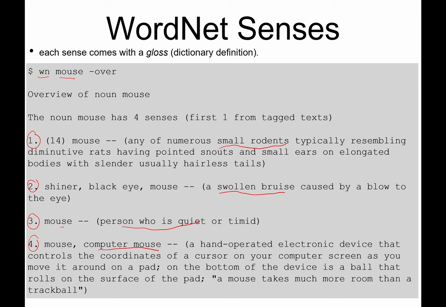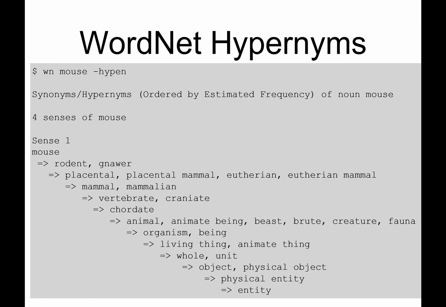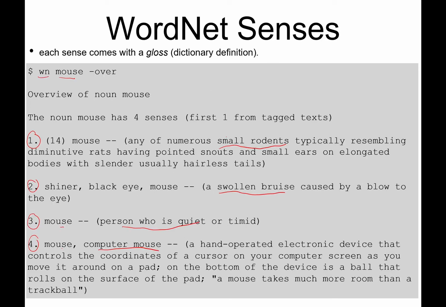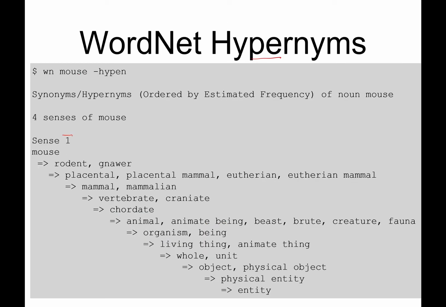Okay, but you can do other things with WordNet. You can, for example, ask for hypernyms. So hypernyms, as we said, are the more general or less specific concepts. So we take sense 1, which, as you can see, is the small rodent, and we're going to see what the hypernyms for sense 1 are.